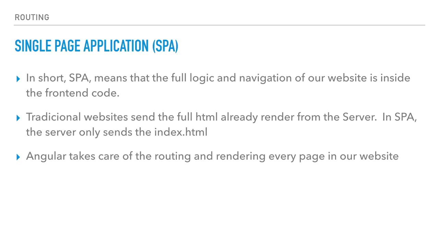In a single page application, what we normally do is get JSON data from the server, and the framework, in this case Angular, is smart enough to render every view that the user requests. So we don't have to go to the server every time that we need to render a page.